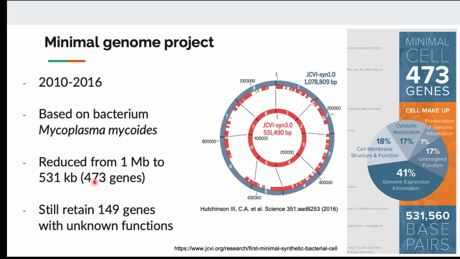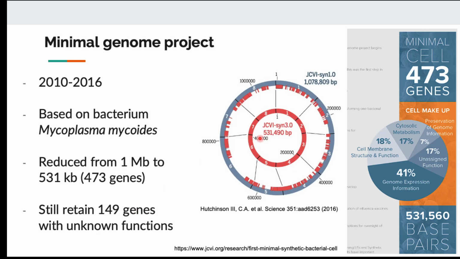So this can serve as a template that you can add custom-made genes into, so that you can observe the phenotype that you want without interference from other genes. But even in this small system, there are still about 150 genes that the authors reported have no known function.